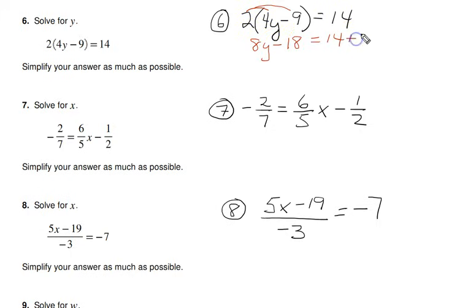On this side it becomes a positive 18, or you're just adding 18 to both sides, and you get 8y now equals 32. Divide both sides by 8, we get y equals 4.